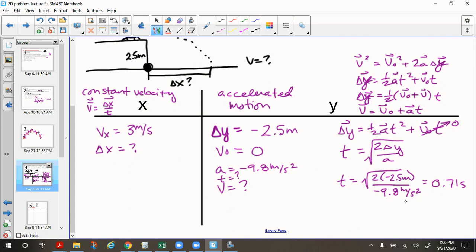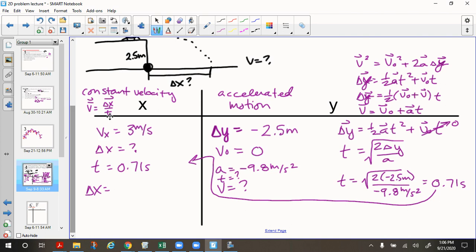So now we know that time is equal to 0.71 seconds. So now we can figure out the displacement in the x direction, which I'm going to rearrange this equation as velocity times change in time.